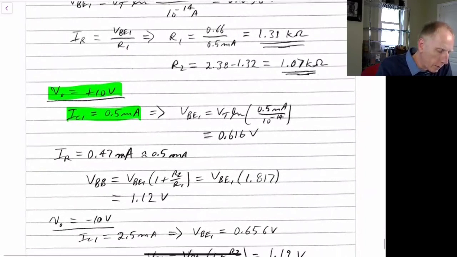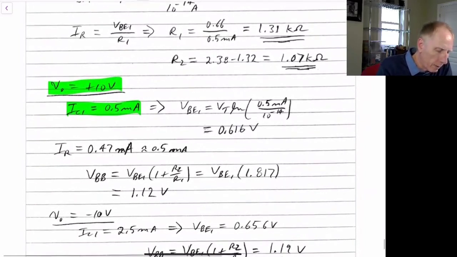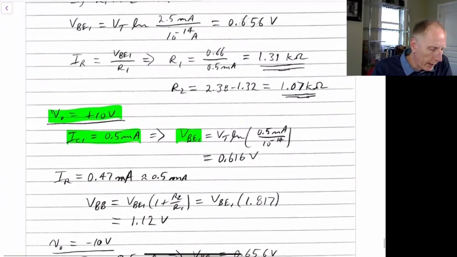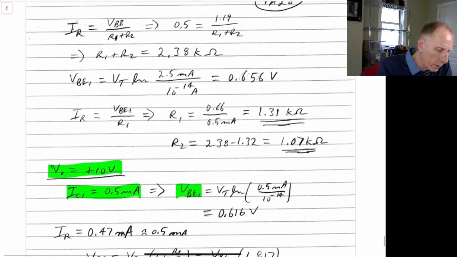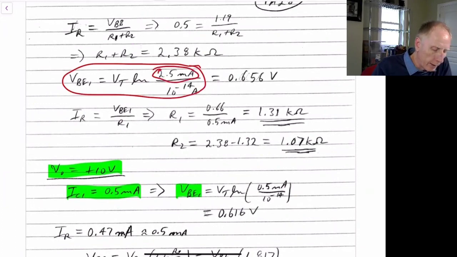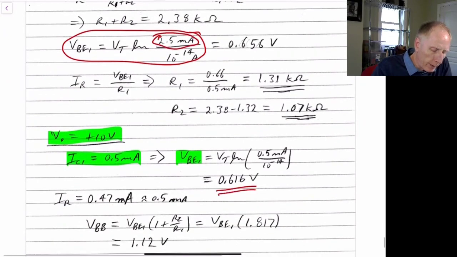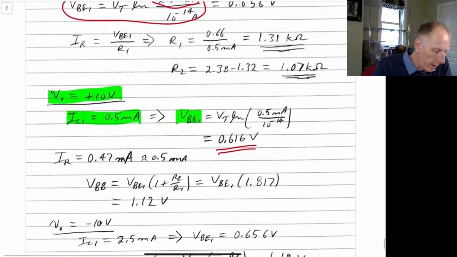So IC1 is equal to 0.5 milliamps. For VBE1, instead of what we had before, we use the same equation but change IC1 here. We end up with VBE1 now being 0.616 volts. So IR, rather than being 0.5 milliamps, is actually 0.47 milliamps.